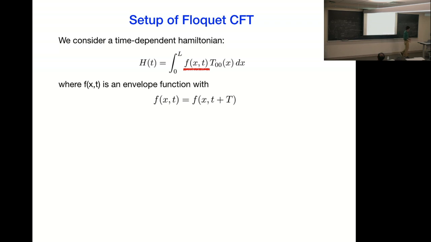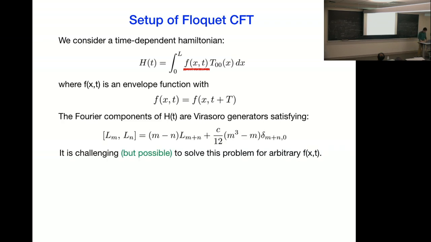In 1+1D CFT, the Fourier components of this Hamiltonian are composed of Virasoro generators, which satisfy the well-known Virasoro algebra. What I want to say is that it is challenging to solve this problem for arbitrary f. For arbitrary f, it is not easy to solve.